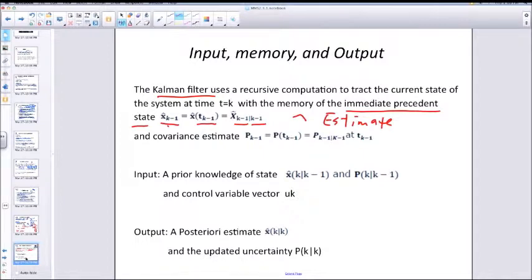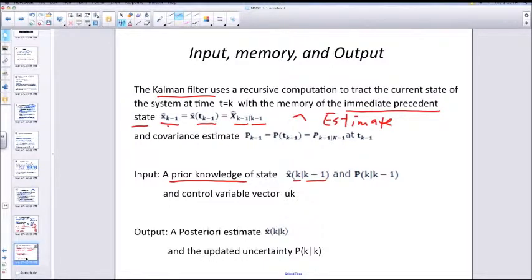Well, all this complication comes with this k given k minus 1. What does that mean? That's the a priori knowledge of the state. The a priori knowledge of the state. And this is the estimate based on the prediction phase.